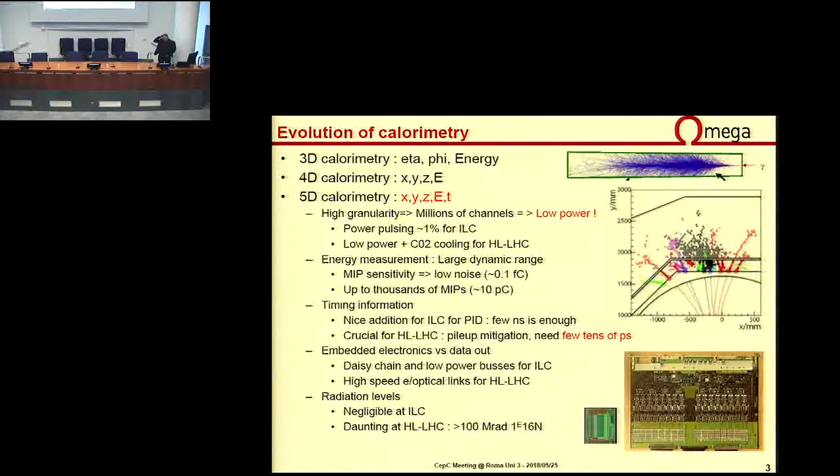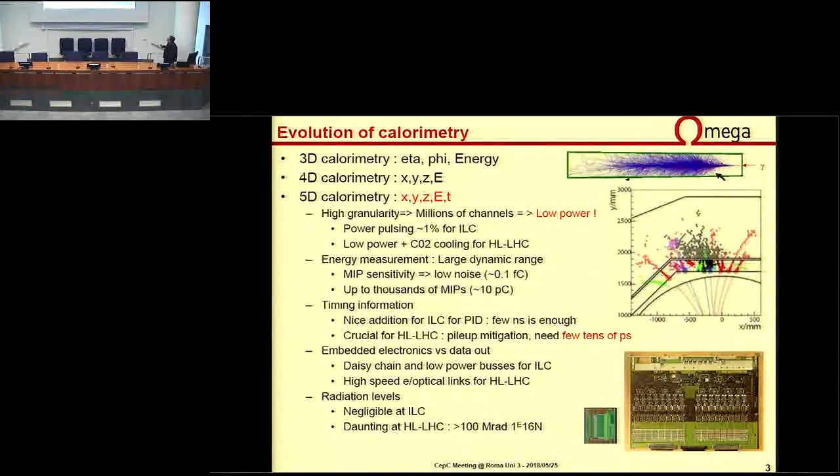So I will just give a talk about the different developments that the Omega team has done since a long time on calorimetry. As a first reminder, I would say that years ago, calorimetry was not as demanding as now.